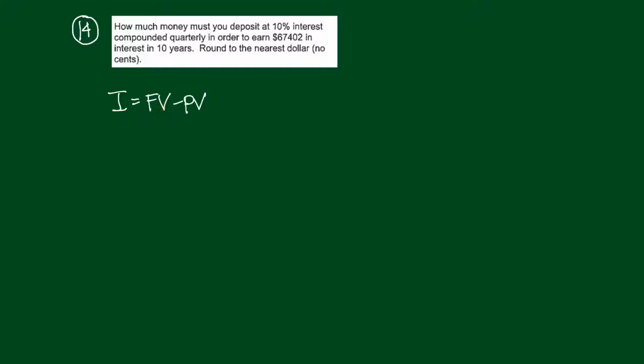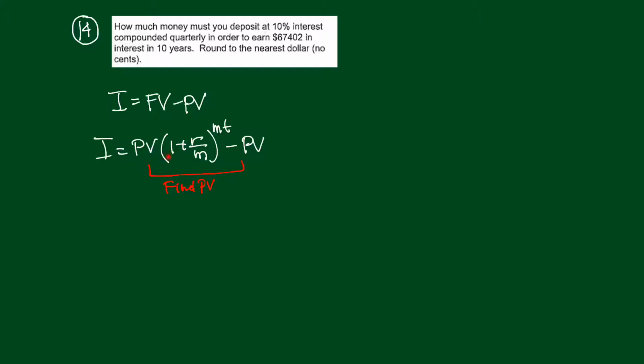So I'm going to rewrite this formula: I equals PV times (1 plus r over m) to the mt, minus PV. What I'm trying to do is find PV.